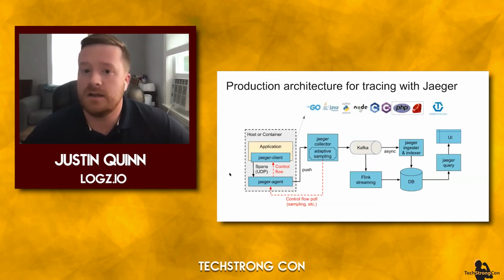The final piece here is going over a production architecture for tracing with Jaeger. Implementing a tracing solution is ideal for organizations that need their application to perform well. Many users of applications do not want to use an application with high latency.